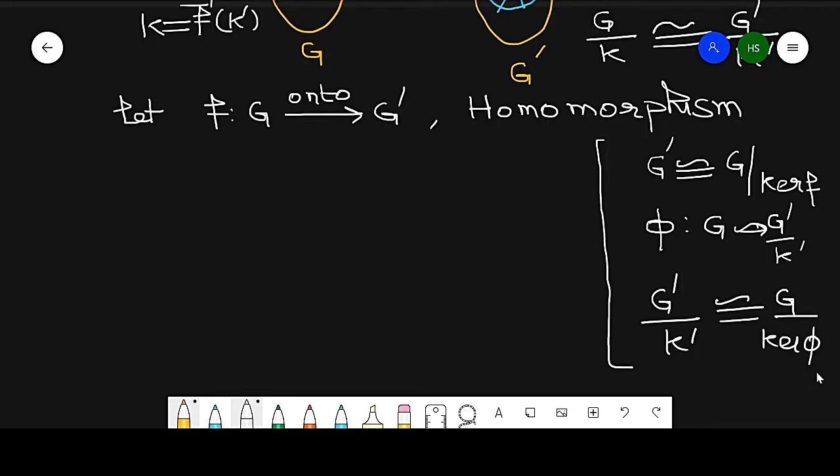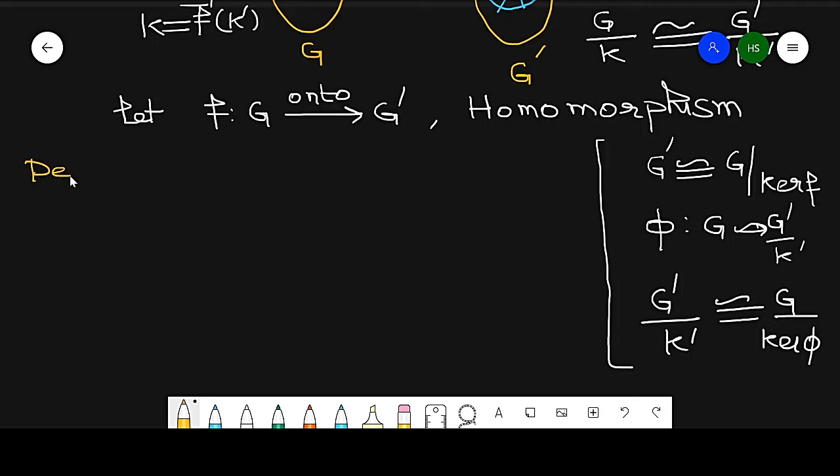If I prove the kernel of phi is equal to K, then I prove my result. So I will prove this result by using the fundamental theorem of homomorphism.